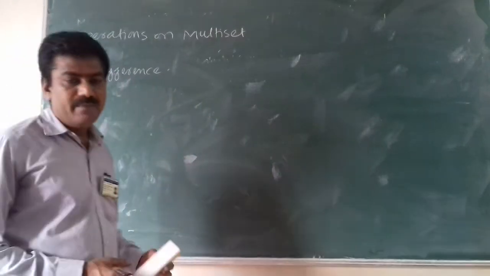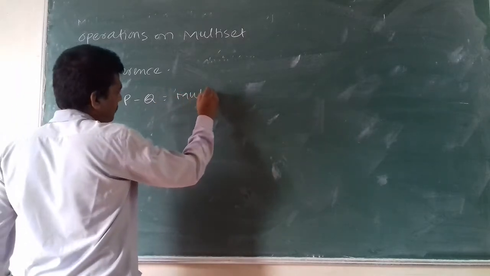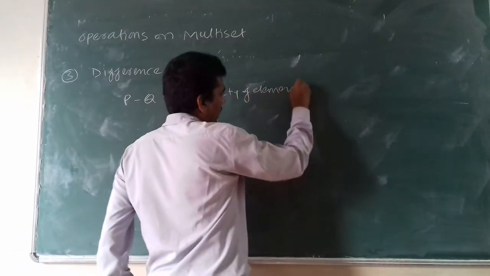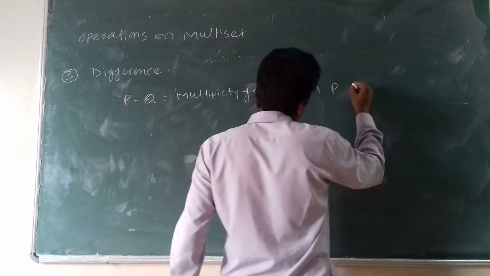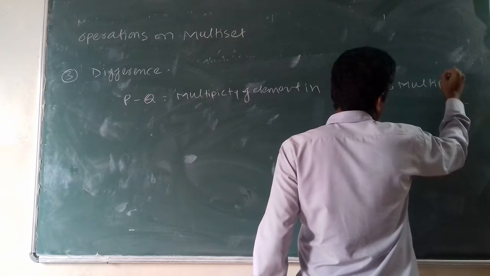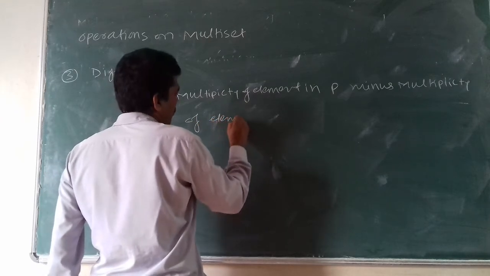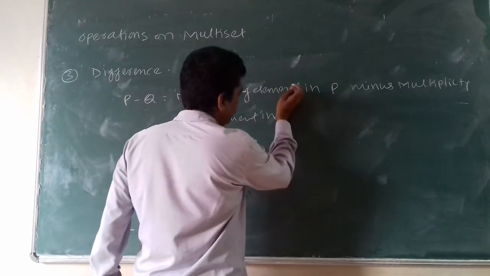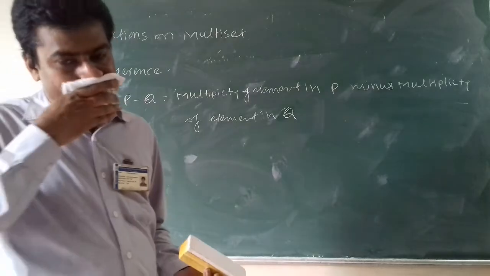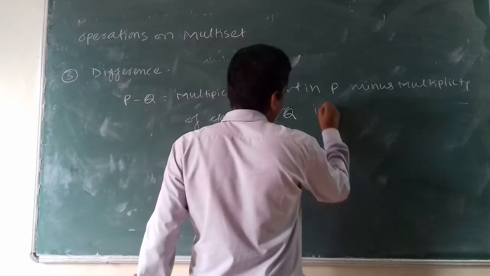So let's say P minus Q. This is equal to the multiplicity of the element in P minus the multiplicity of the element in Q, and if the difference is positive, this will be the result.